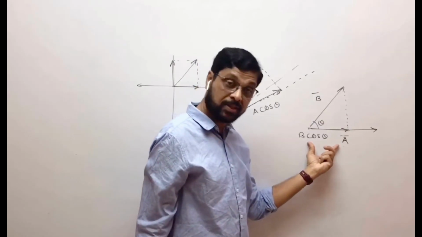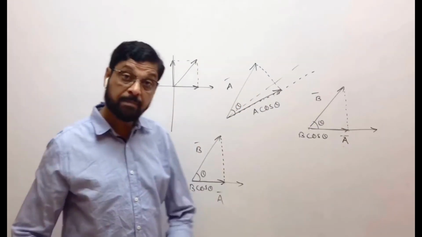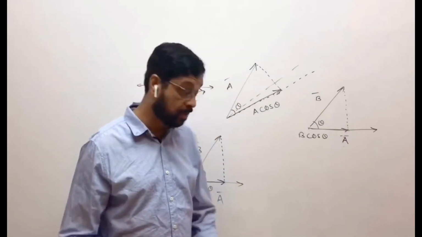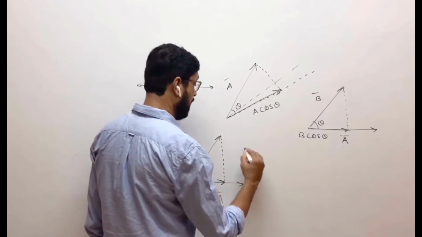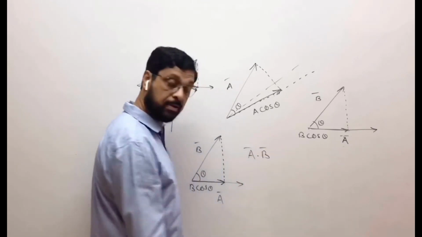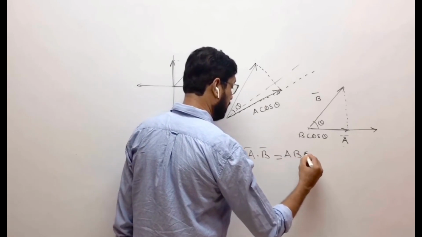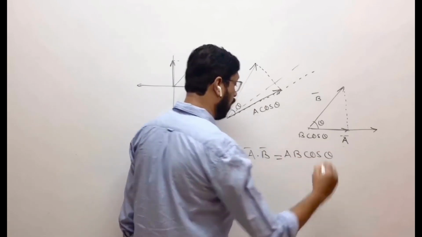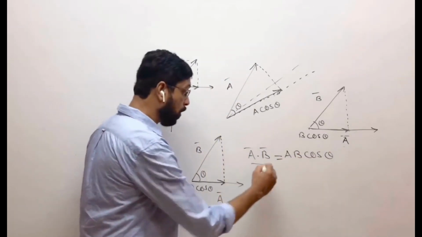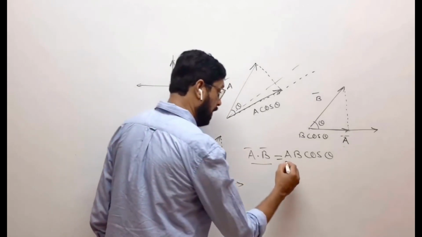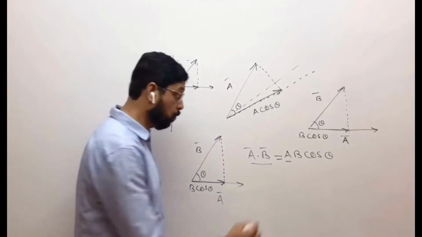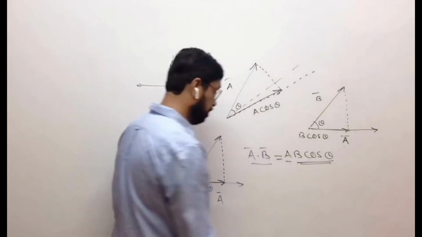B cos theta. Now coming back to dot product. What is A dot B? By definition, A dot B is AB cos theta. So dot product is equal to A into B cos theta.